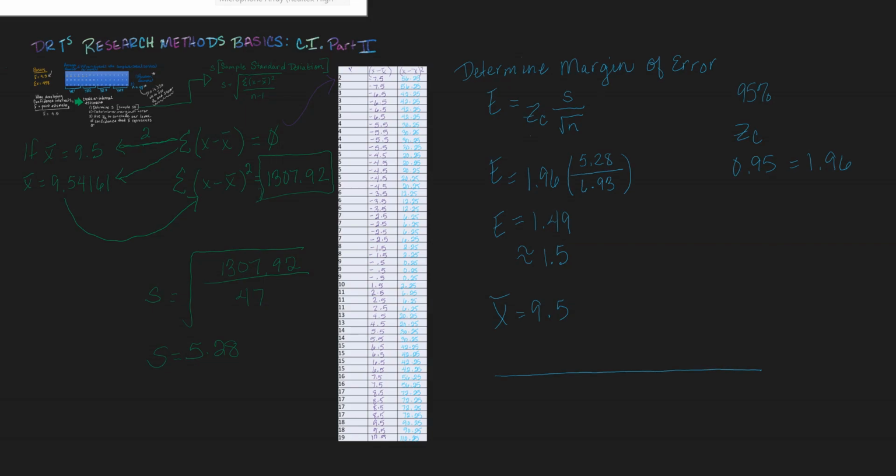The point estimate, our sample mean, is 9.5. I can add 1.5, our margin of error, to this point estimate. This number is going to be the top of our interval, and I can subtract 1.5 to get the lower estimate.